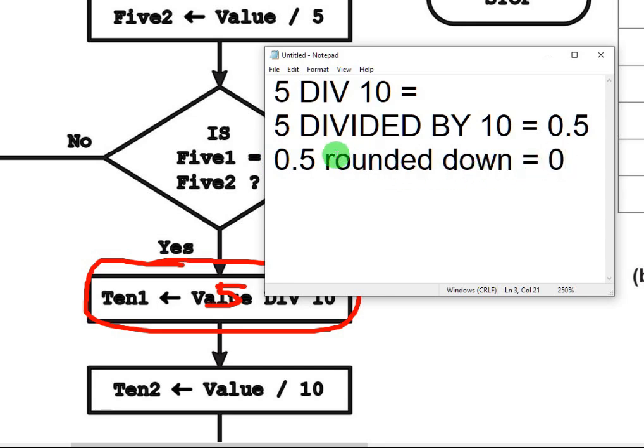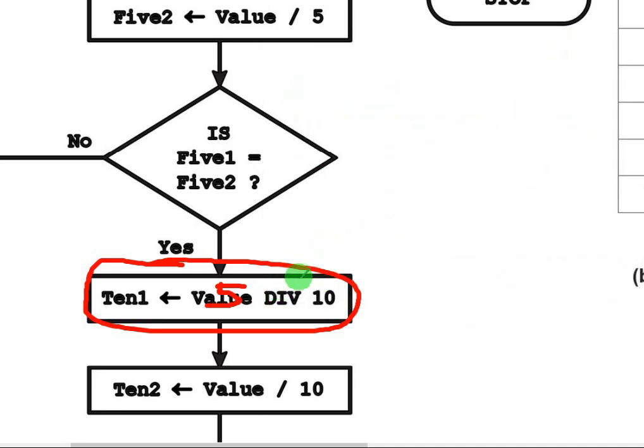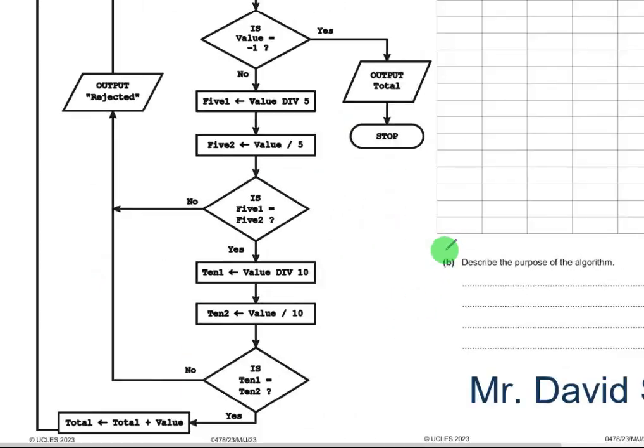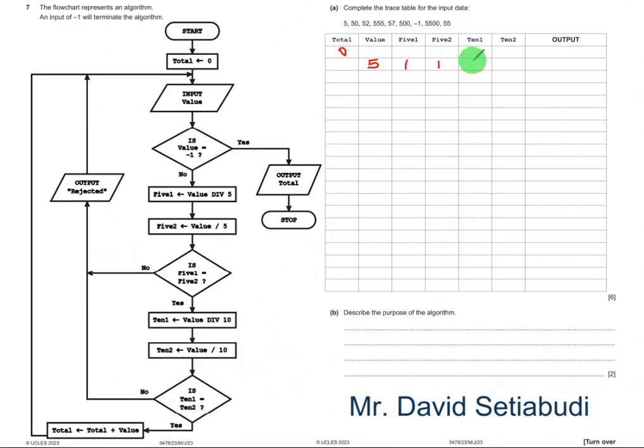Because it's 0.9, you round it down, becomes 0. 0.3, round it down, becomes 0. So everything needs to be rounded down when it's a div. The answer for 5 div 10 is 0. So let's move here and write down 0.